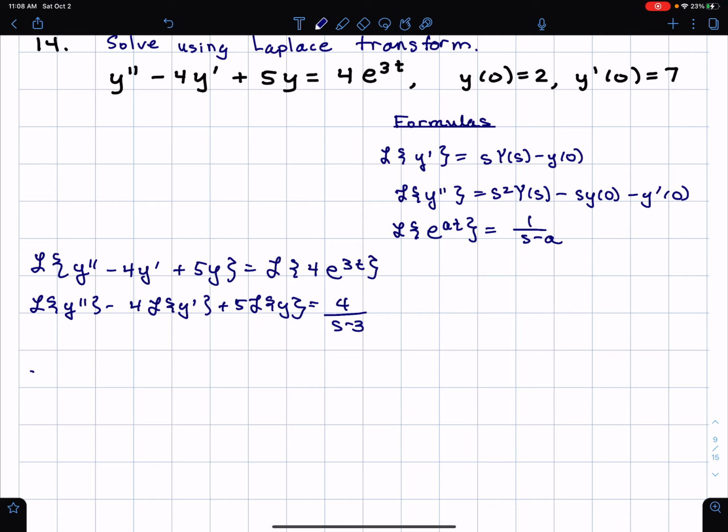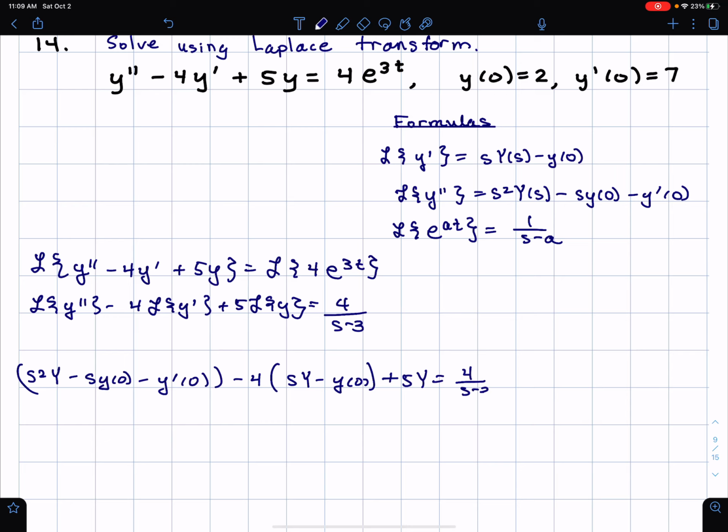So we're going to get s squared Y minus s y(0) minus y prime of 0 minus 4 times sY minus y(0) plus 5Y equals 4 over s minus 3.